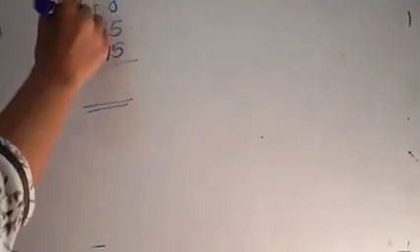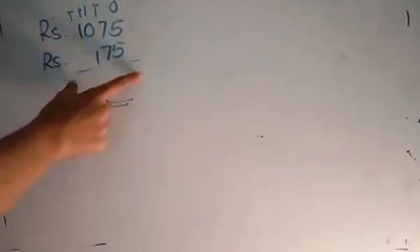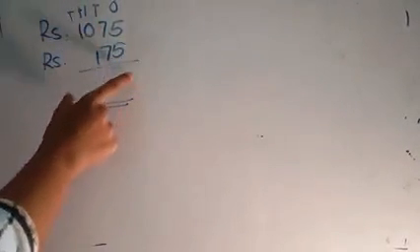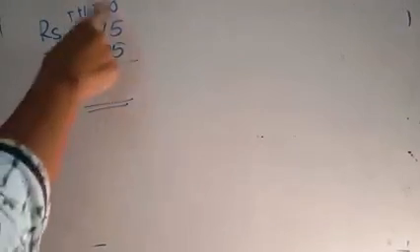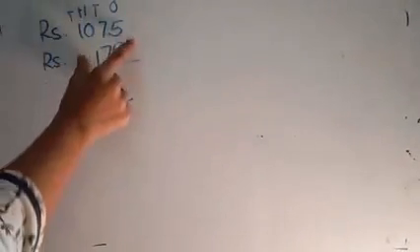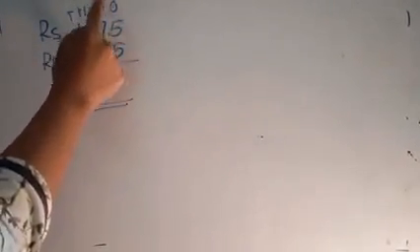Why is that? It is according to the ones, tens, hundreds and thousands. If you are not writing this according to the place value, the answer that you are getting is not going to be correct. So make sure that you are writing the numbers according to the place value.